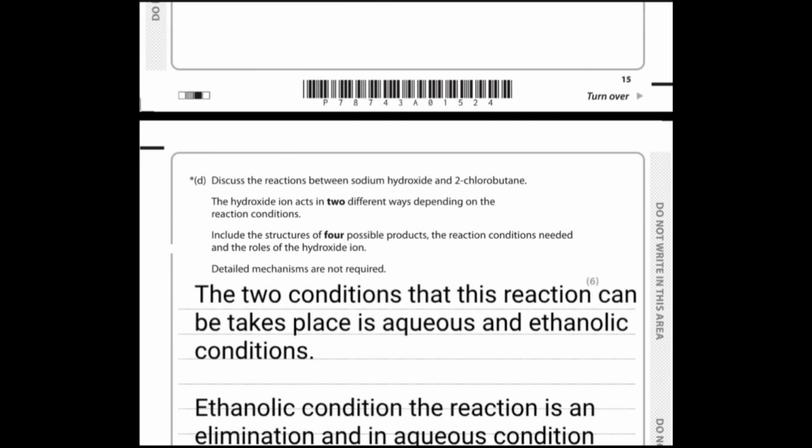Okay, part D. Discuss the reaction between sodium hydroxide and 2-chlorobutane. The hydroxide ions act in two different ways depending on the reaction conditions. Include the structures of four possible products, the reaction conditions needed, and the roles of hydroxide ions. Detailed mechanisms are not required.